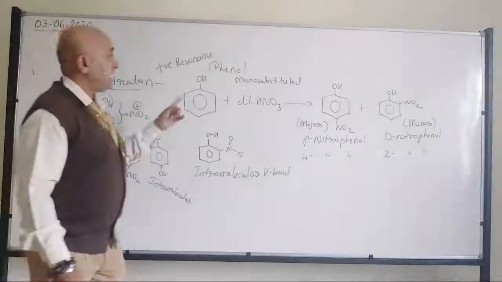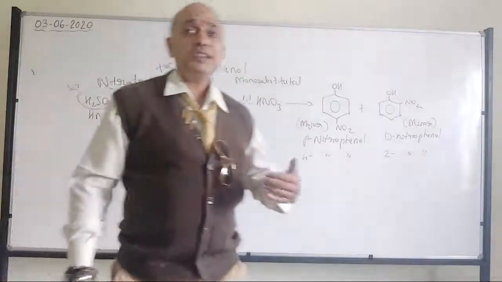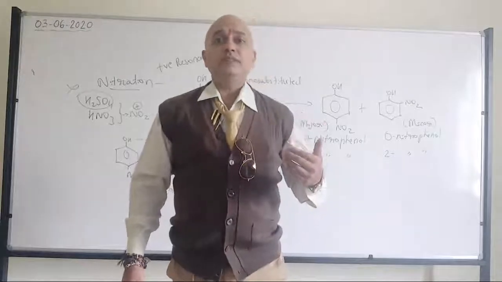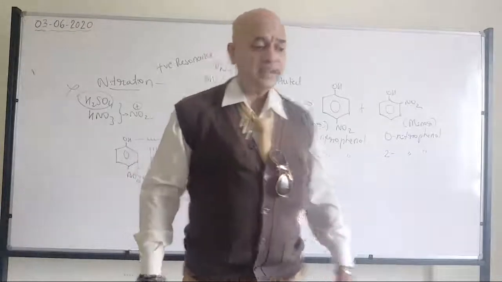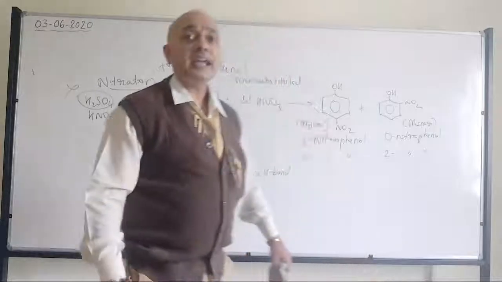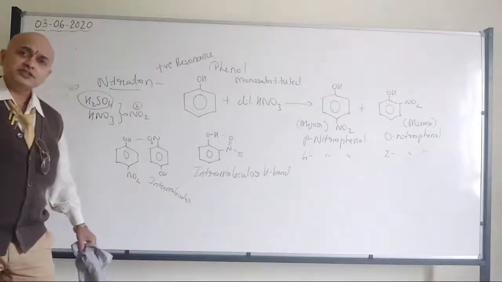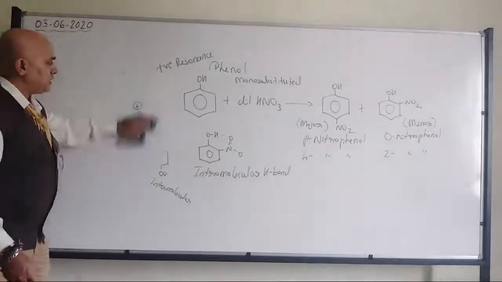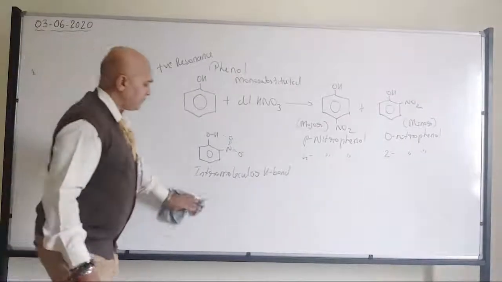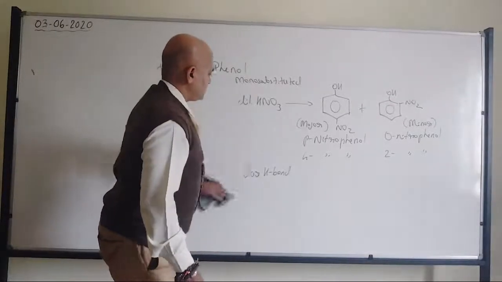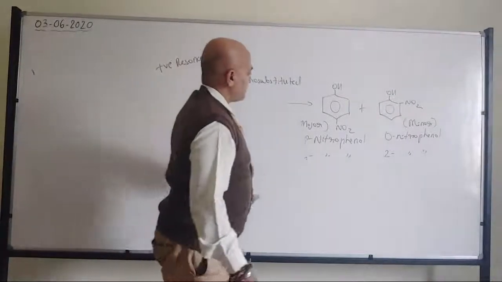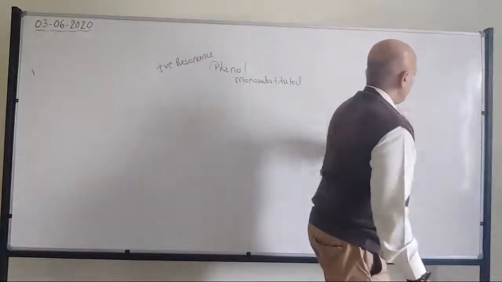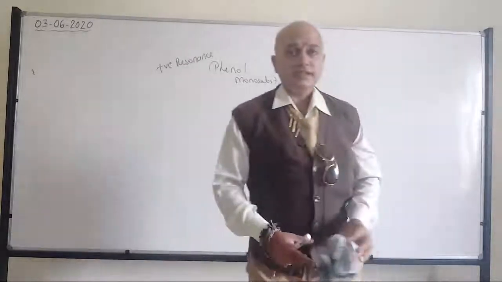But since here we have OH, which will show efficiently positive resonance effect, therefore even with dilute HNO3, in the absence of sulfuric acid, they can easily undergo nitration reaction. All of you have understood? Fine. So that's where even paranitrophenol and orthonitrophenol can be separated from each other due to difference in their physical properties. Right? So that's where we have the monosubstituted product.